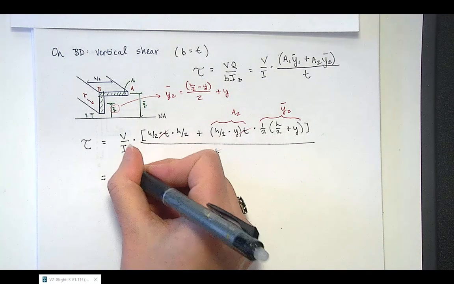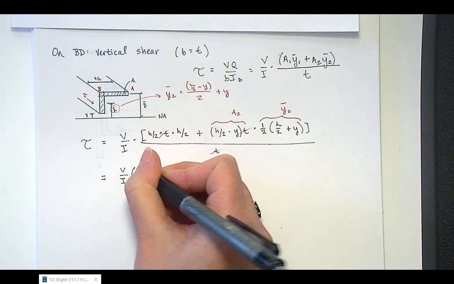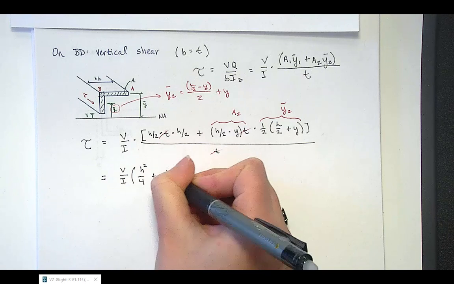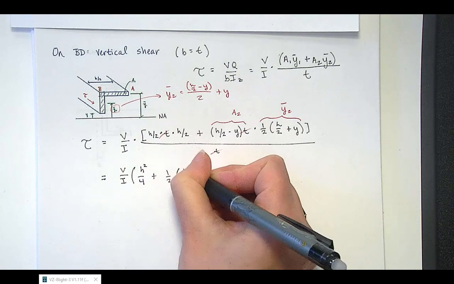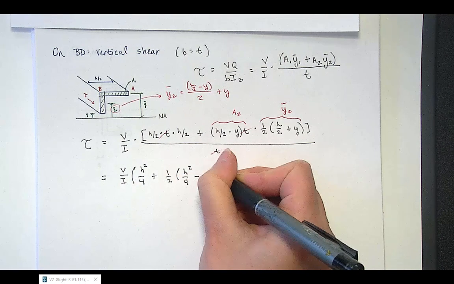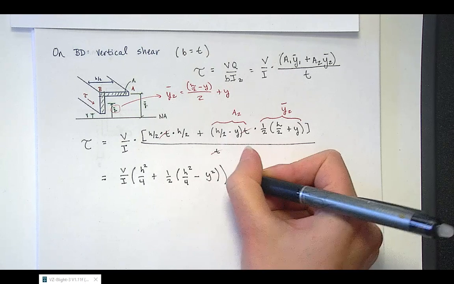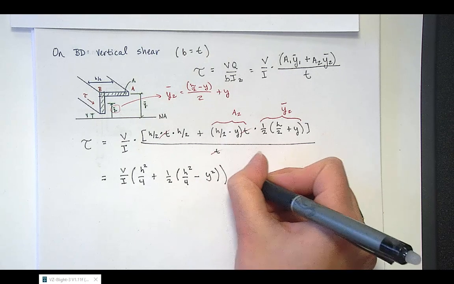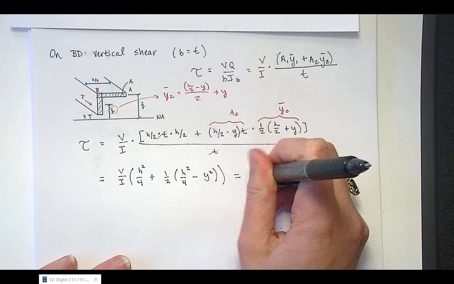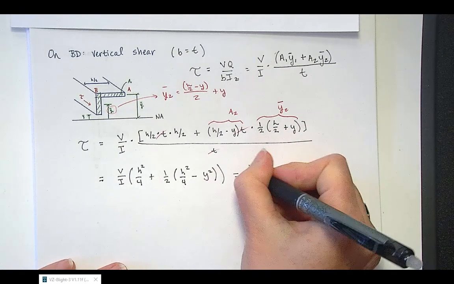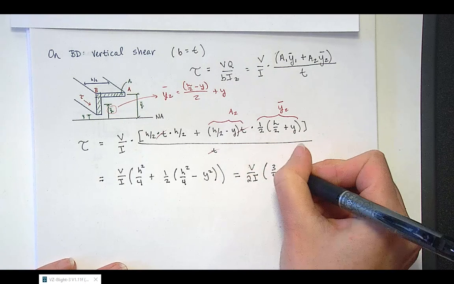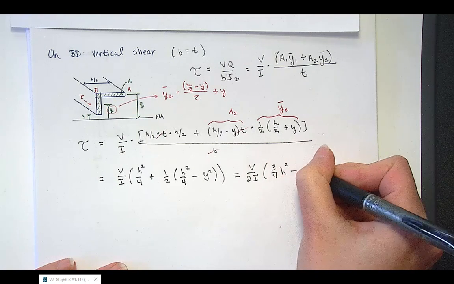So that simplifies to V over I times h squared over 4 plus 1/2 times the quantity h squared over 4 minus y squared. And so that further simplifies to V over 2I times 3/4 h squared minus y squared.